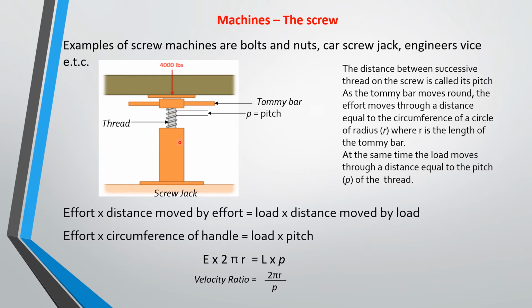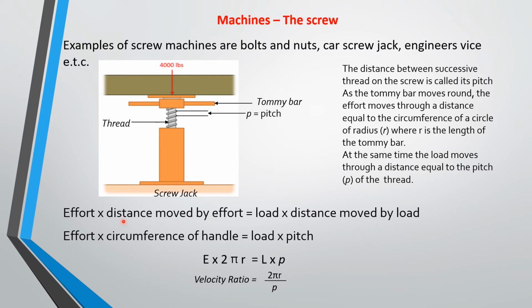Effort times distance moved by the effort, which is the circumference of a circle, is equal to load times distance moved by load. When the effort moves through one circle, the load will move through a pitch.